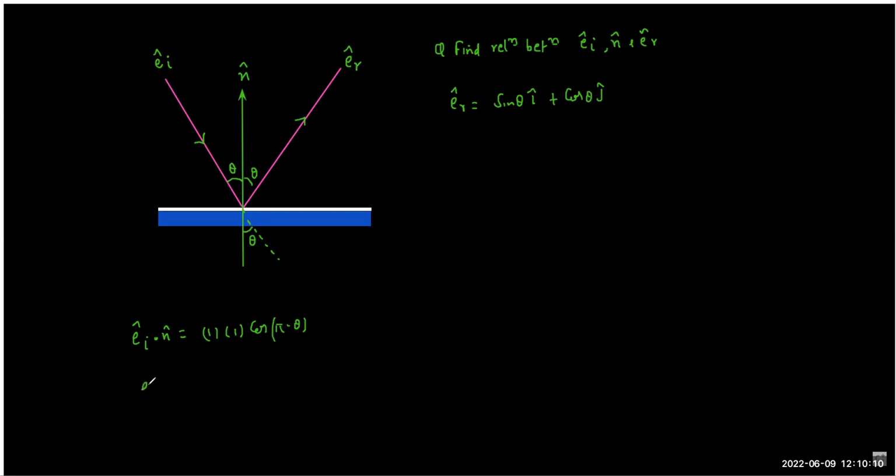So in fact, EI dot N turns out to be minus cos theta. But I cannot take i cap and j cap again because i and j are not allowed to be taken here. That's why this method we have to leave, because we don't have i and j. We have some general axis N cap, EI, ER.